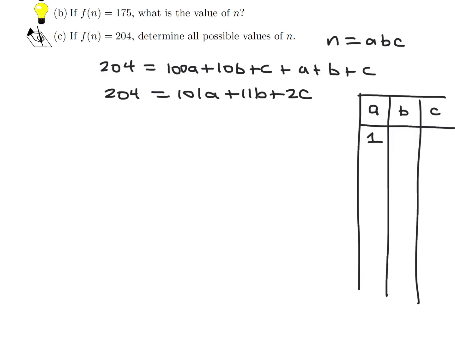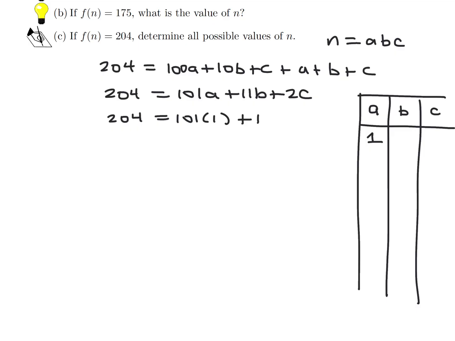So let's try 1. If it's 1, it would be 204 is equal to 101 times 1 plus, hold on. I'm so caught up in the last question I just did. Did I do this right? I think I messed it all up because I'm so caught up in the last question. Sorry. Well, actually, no, that's right.